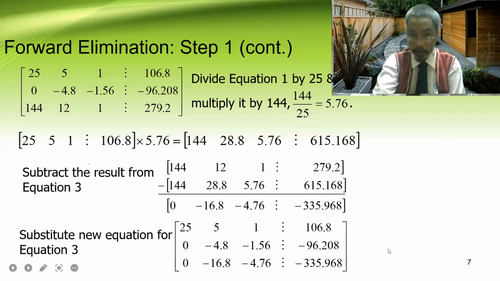Okay. So the next procedure is to eliminate this one so that it will become what? Upper triangular matrix. Okay. So we need 0, 0, and 0. So this one will be retained. Okay.